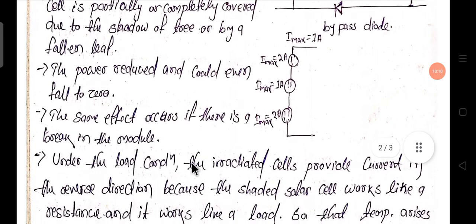Under the load condition, the irradiated cells provide current in the reverse direction, because the shaded solar cell works like a resistance. You see, when we connect the load here, the irradiated cells, meaning the solar cells on which the sun rays fall, provide current in the reverse direction.